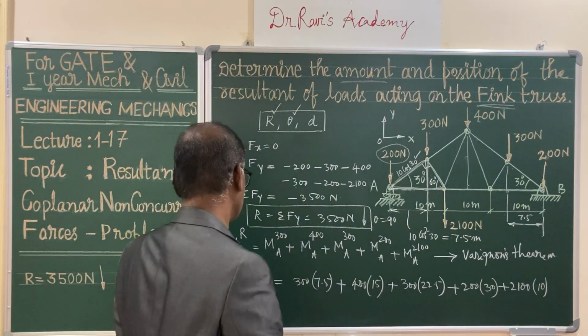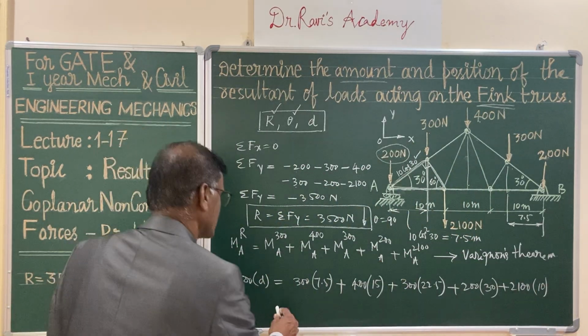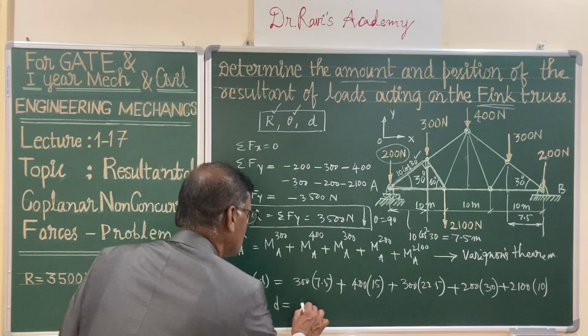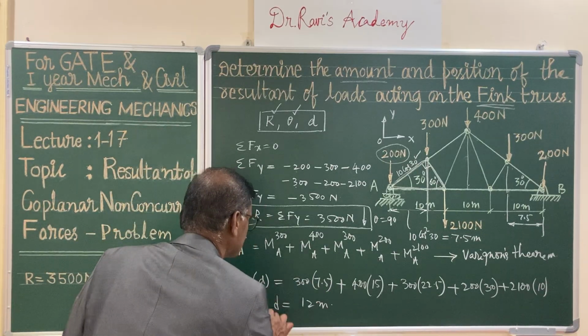So from this equation, with only one unknown and one equation, we can find d, the moment arm for the resultant force, which is 12 meters.